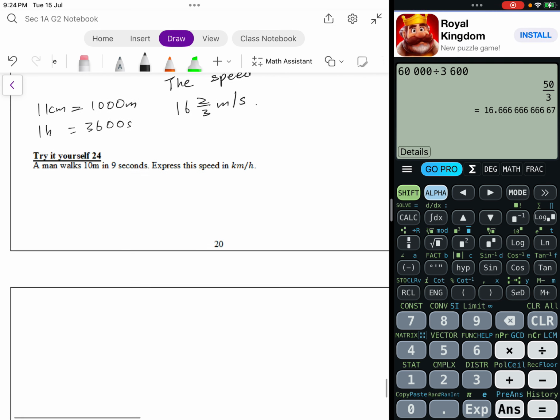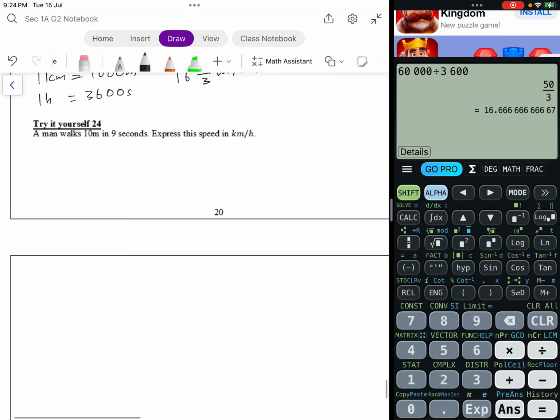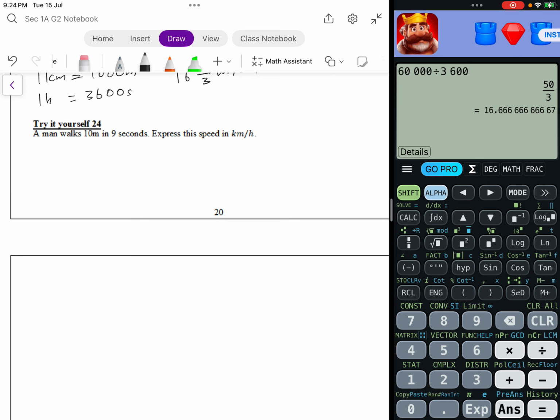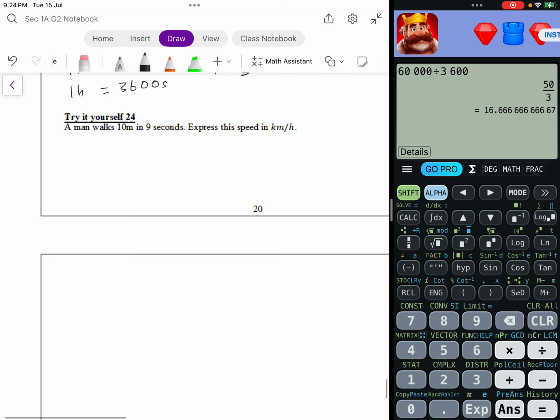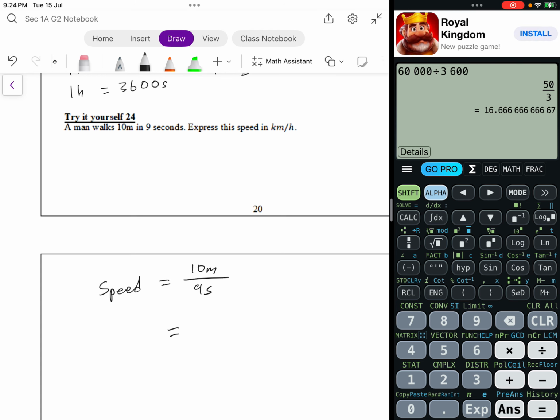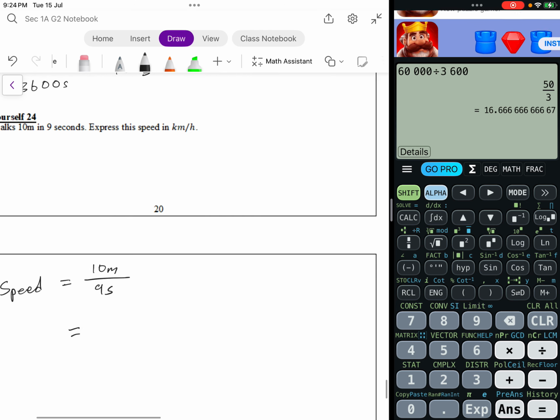Okay, next one. A man walks 10 meters in 9 seconds. How to express this in kilometers per hour? Okay, so again, I'm going to write down the speed equals 10 meters over 9 seconds. Now to convert meters to kilometers, right?